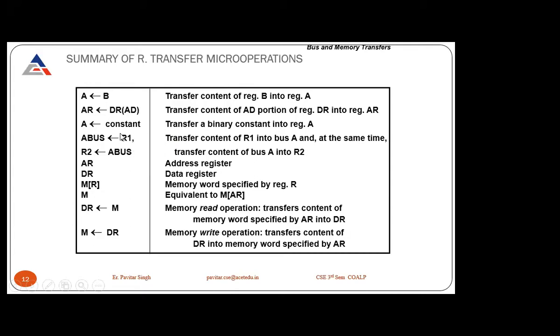The contents of R1 will be written onto the data bus, address bus, and from the address bus, it will be sent to R2. AR stands for address register, DR stands for data register, right? MR means the memory word specified by register R. And simple M denotes M of AR. Where M goes to DR means a read operation and DR goes to M means a write operation.